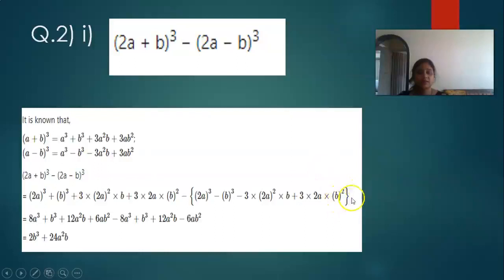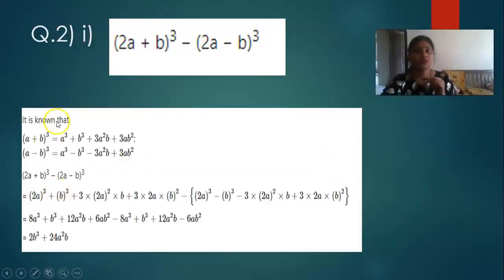What is b here? B. So b square. What will be the answer here? What is the power of 2? 3. So what is the cube of 2? 2 2s are 4, 4 2s are 8. So it will come 8a cube plus b cube. 2 2s are 4, 4 3s are 12, so 12a square b.